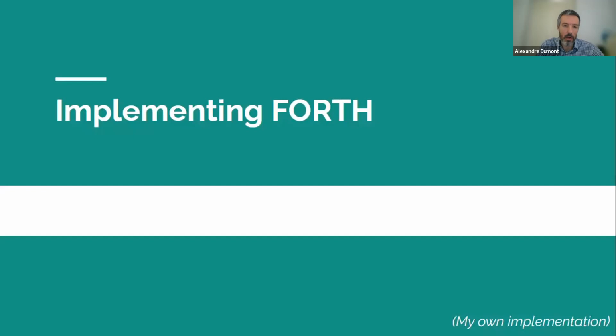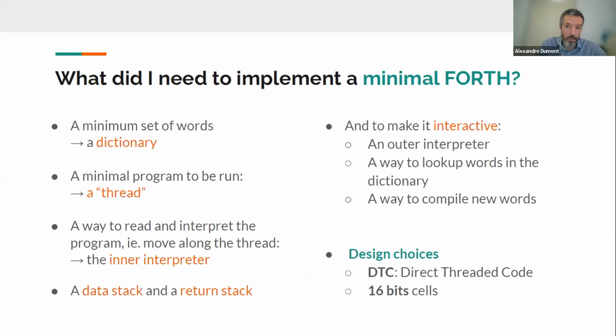So now entering my Forth implementation details. What did I need to implement a minimal Forth? At the beginning I didn't really think about all these things because I went on the go, but retrospectively, I think these are all the things that I ended up doing.